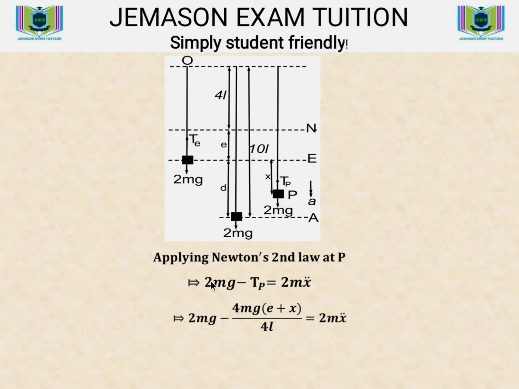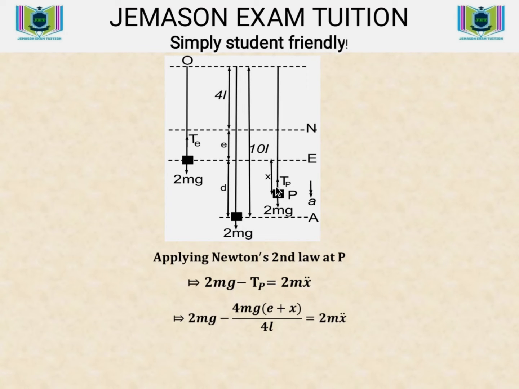And so we have that 2mg minus the tension at P equals the mass times the acceleration. And it should be noted that the tension at P again is calculated using Hooke's law, whereby we have the modulus of elasticity times the total extension at P. At P, the extension from the natural length at the level of n there, we have first the equilibrium extension and then the distance x.